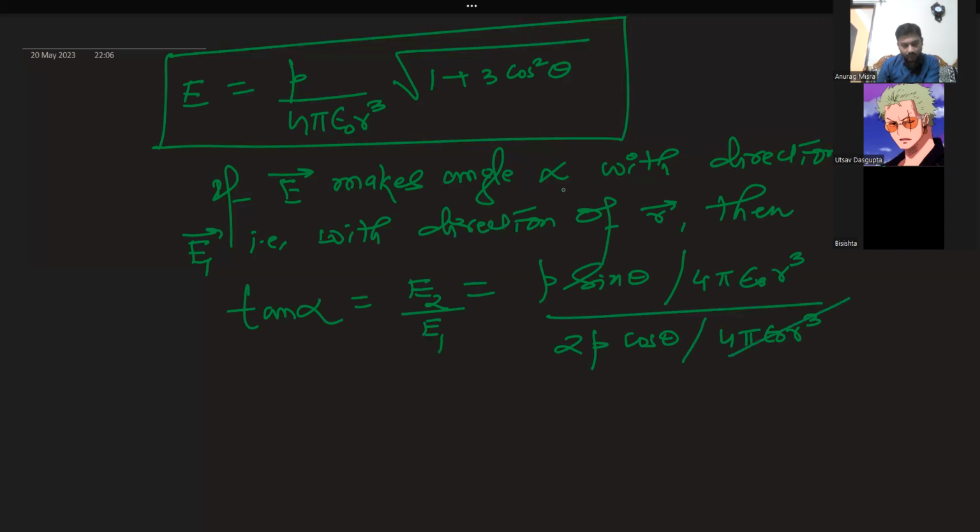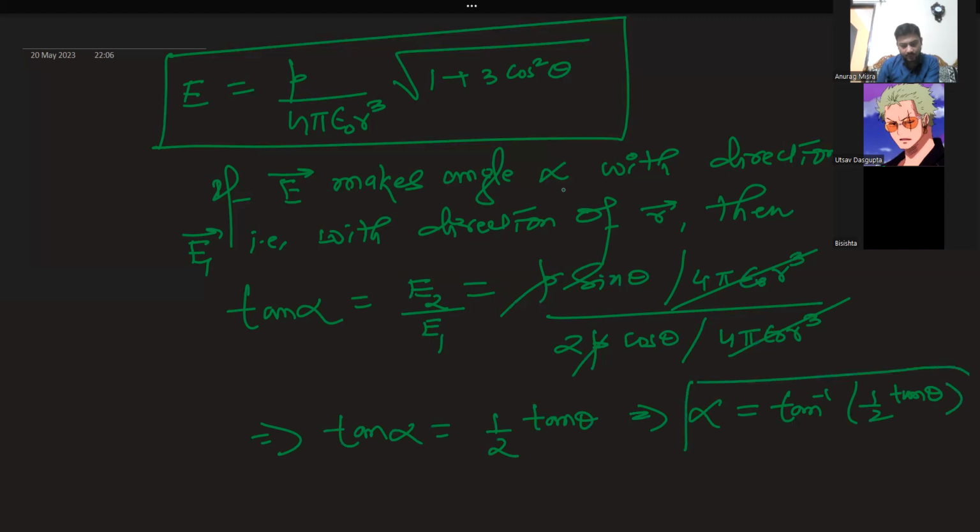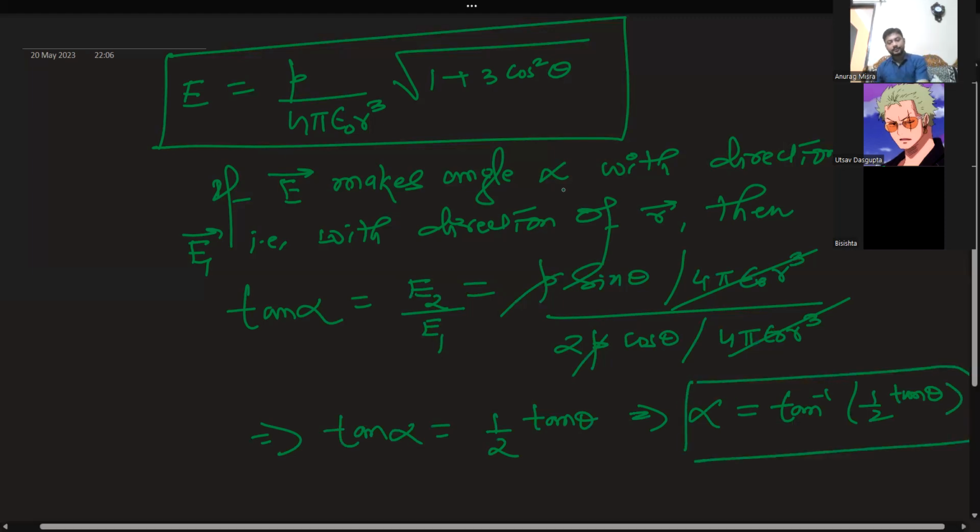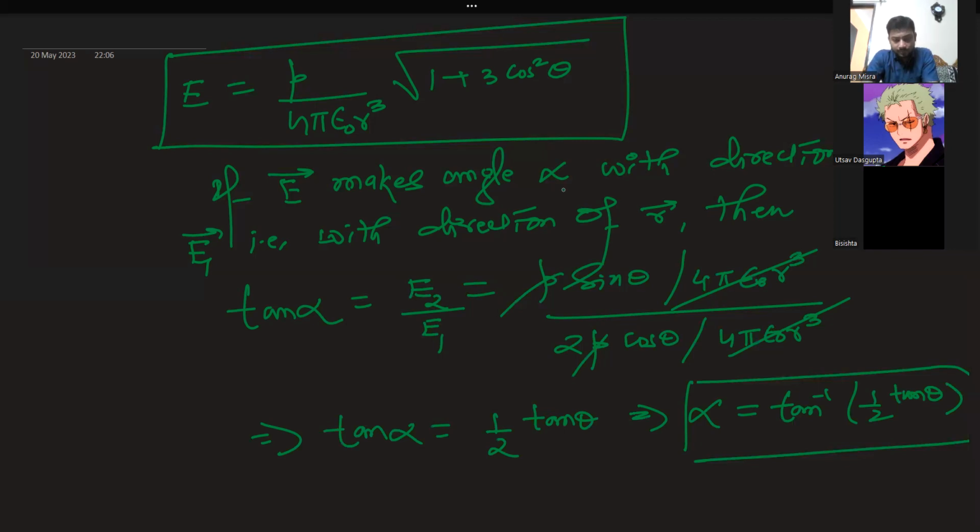तो यहाँ से ये पूरा term will get cancelled out, right? P will also get cancelled out. Sin by cos is tan. So we can say that tan alpha will be half of tan theta, or alpha will be tan inverse of half of tan theta. This will be the direction along which this resultant electric field will act. Understood? Yes, sir.